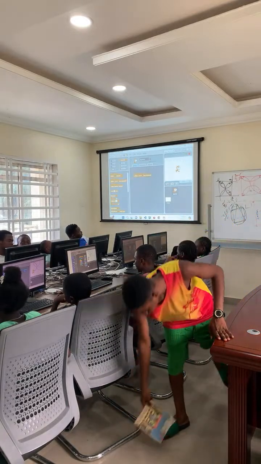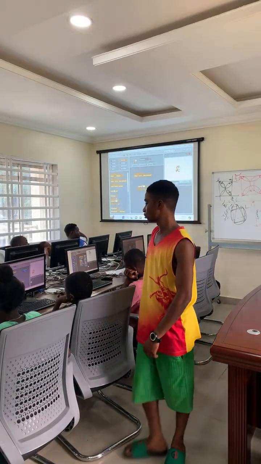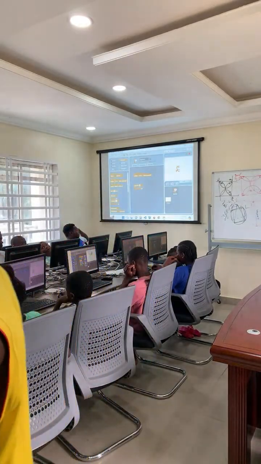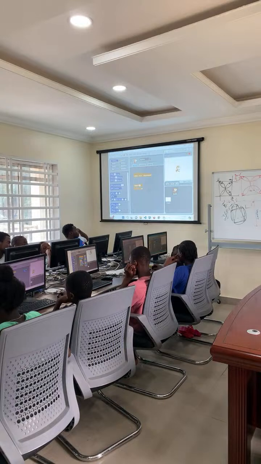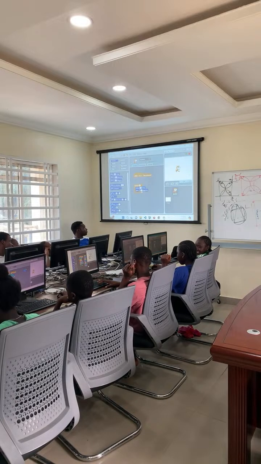So space key, let's assume I want to draw a pentagon. I'll repeat 5 times and move, let's try 50 steps. Then I'll turn at 72 degrees.